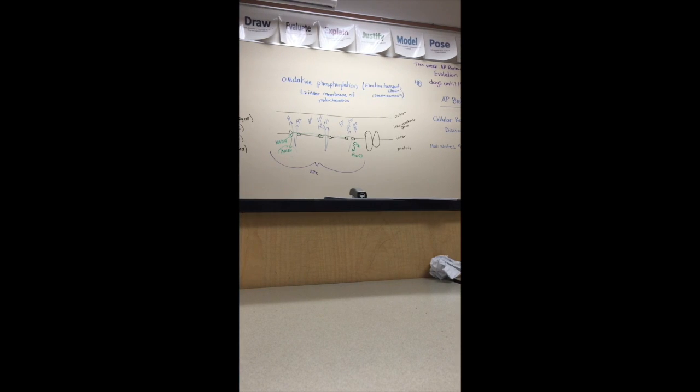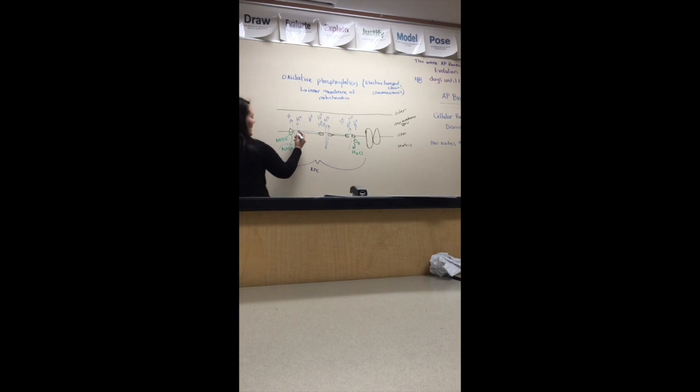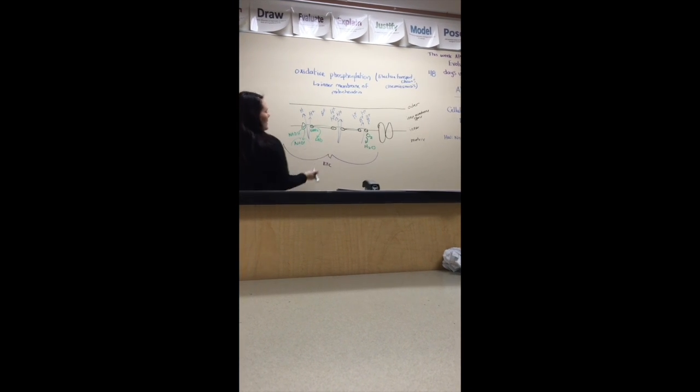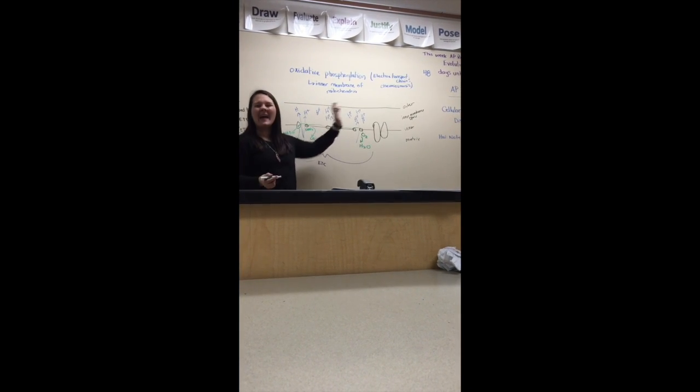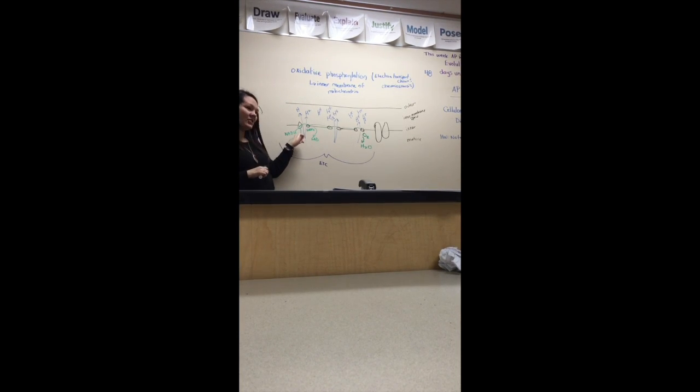Now you might be wondering about FADH2. FADH2 just binds onto a different protein, and so it doesn't pump as much hydrogen across. So NADH is a higher energy molecule than FADH2. NADH pumps more hydrogen across and can make more ATP.